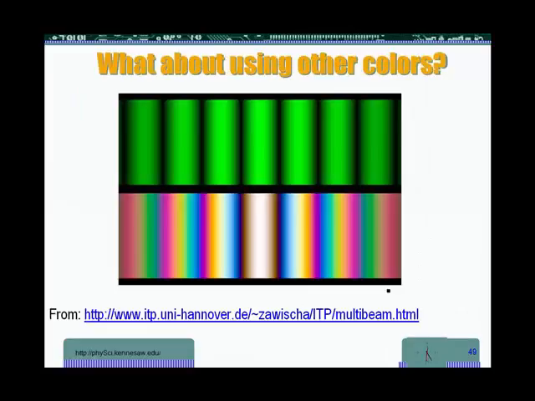Okay, one last thing here. What if we use different wavelengths of light? Remember the equation again: delta Y equals lambda L over D. So what does that mean?